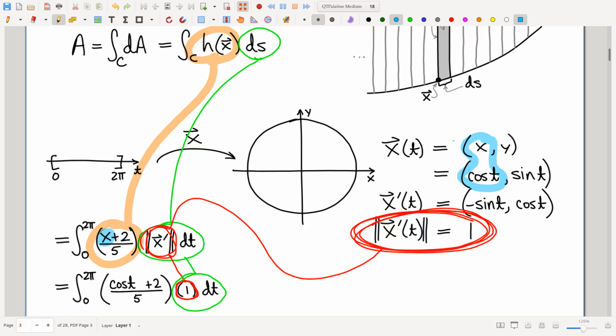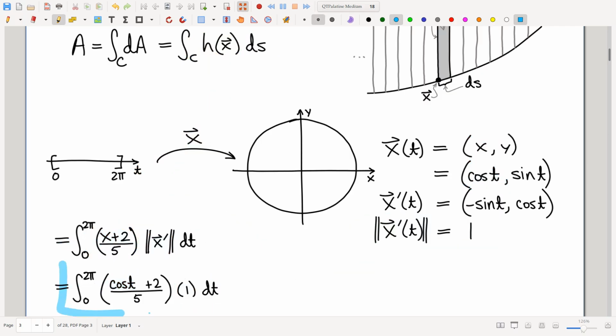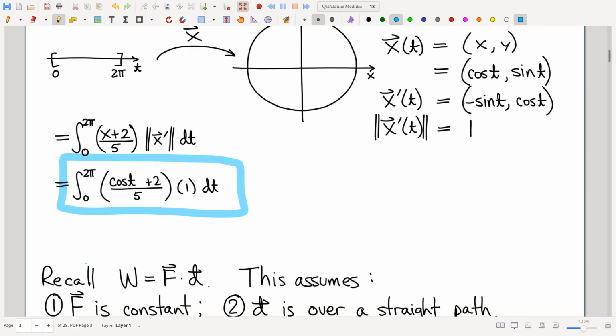Remember, when you're pulling back through a parameterization, a change of variables function, that function tells you how to plug in for your coordinates x and y, or x, y, and z, or what have you. So x is cosine t. And lo and behold, we end up with an easy single variable integral here, totally doable. Y'all can plug and chug that through, and that'll be your answer.